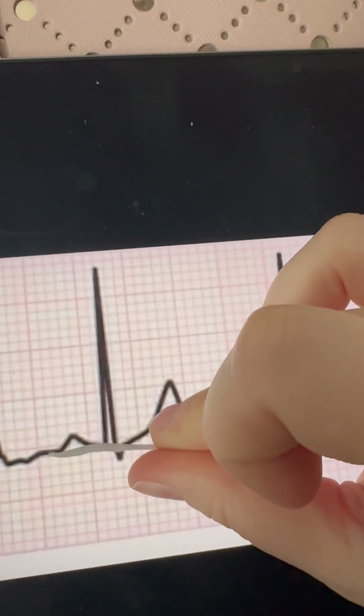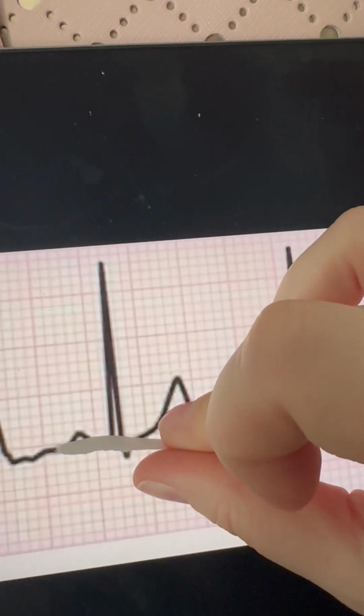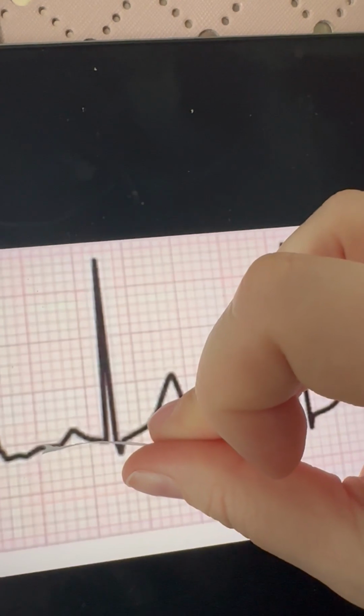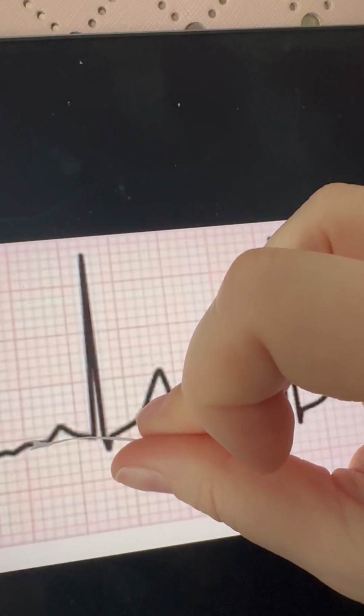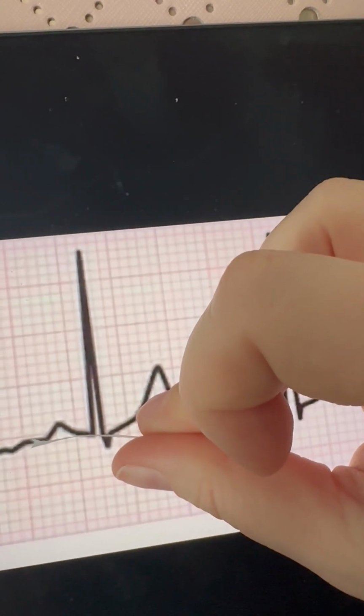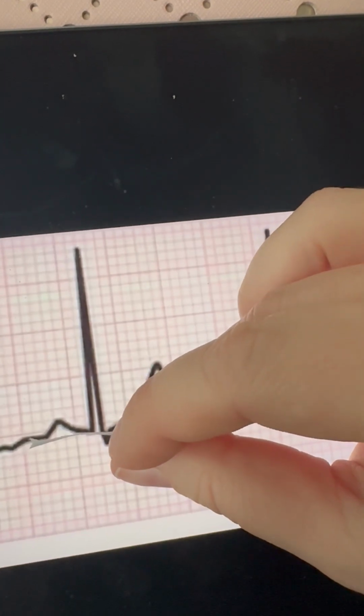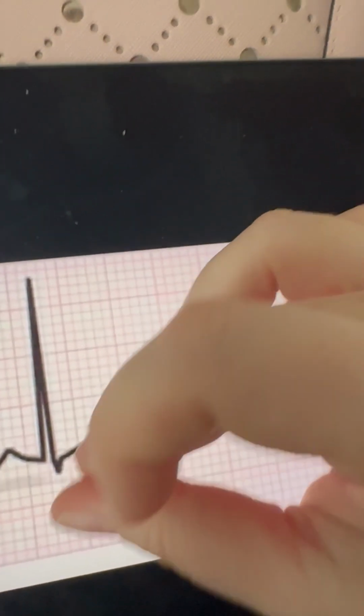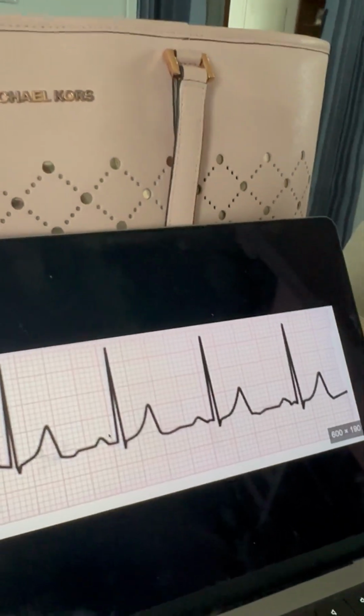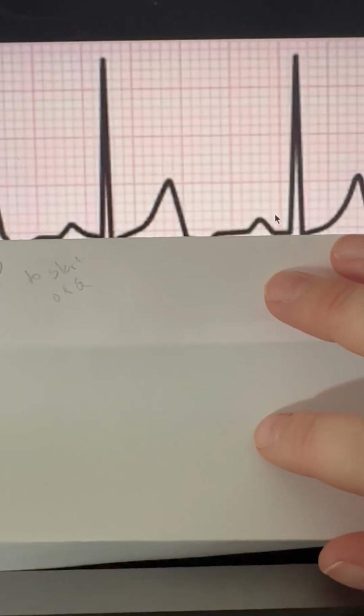So it's this line that helps you divide your waves and stuff. That's how you can tell that that bottom one right there is your S wave, okay? So that's kind of what we're trying to do with this piece of paper, okay?